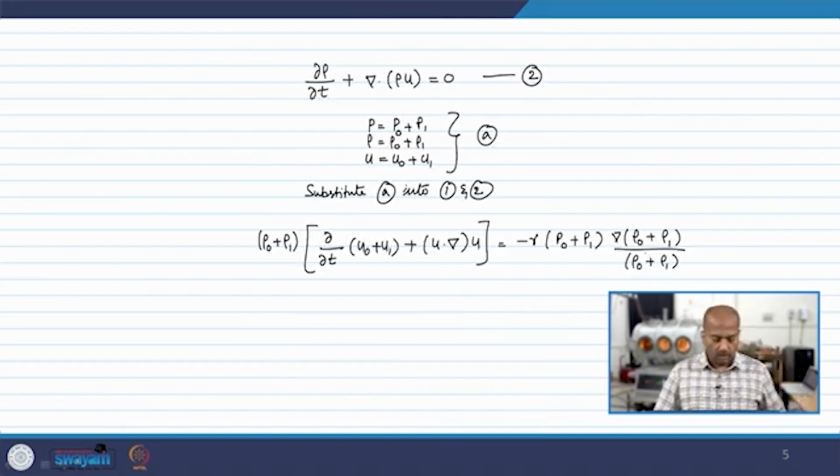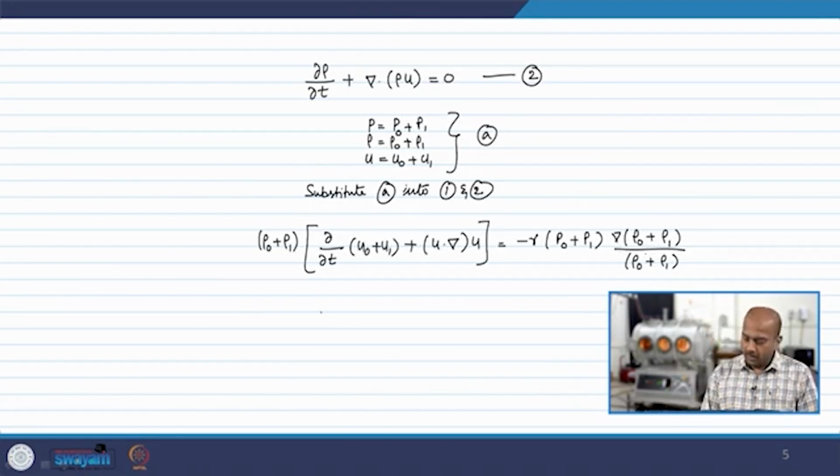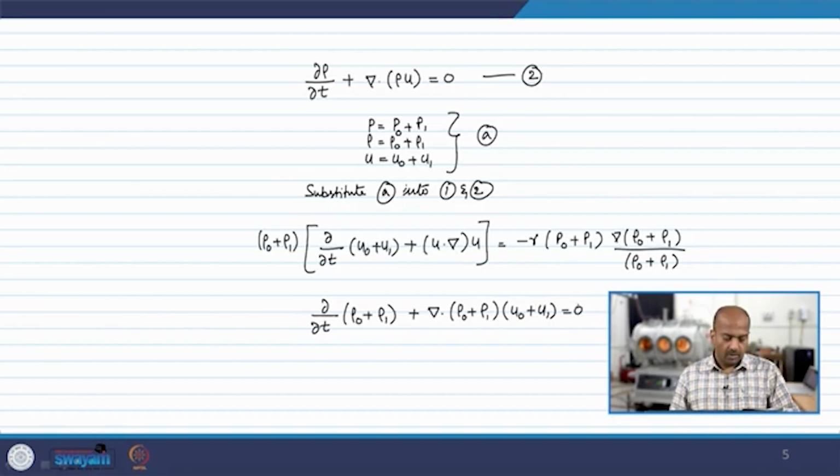We have substituted all that, and the continuity equation tells you ∂/∂t (ρ0 + ρ1) + ∇·((ρ0 + ρ1)(u0 + u1)) = 0.